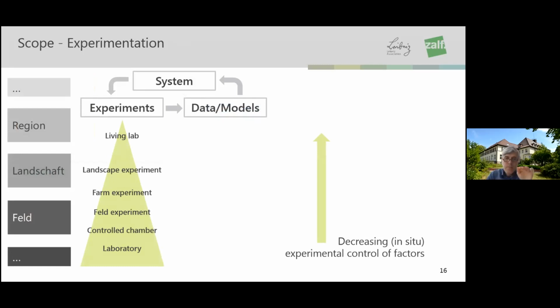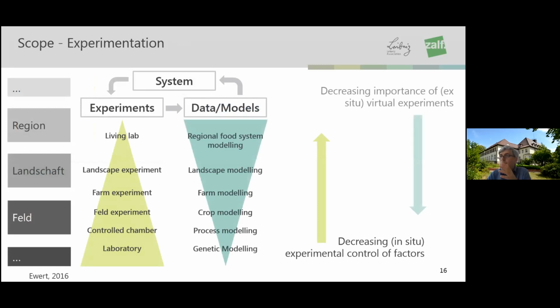We also know that the importance of modeling and perhaps other ways of analyzing and using data becomes more important. So the part of virtual experimentation in conjunction with practical experimentation is increasingly important as we move up the scale. And that's also one reason why we, in that landscape experiment, have also several modeling activities closely related to that.